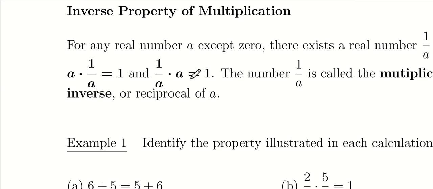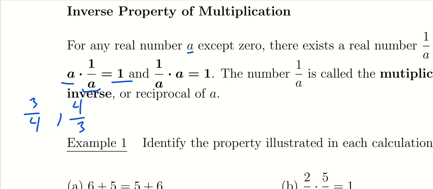We also have an inverse property of multiplication. If you have a real number that's different from 0, you can find its multiplicative inverse by doing the reciprocal. What happens is if you take a number and you multiply it by its reciprocal, that gives us the multiplicative identity 1. So for example, if I think of the fraction 3/4, the reciprocal of 3/4 would be 4/3. You're just taking it and flipping it upside down.